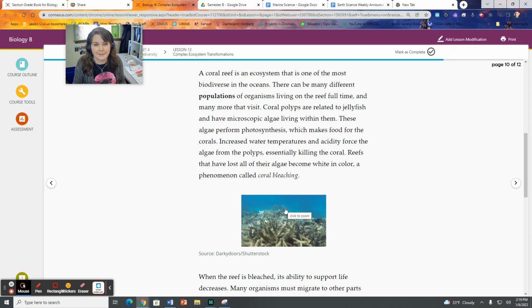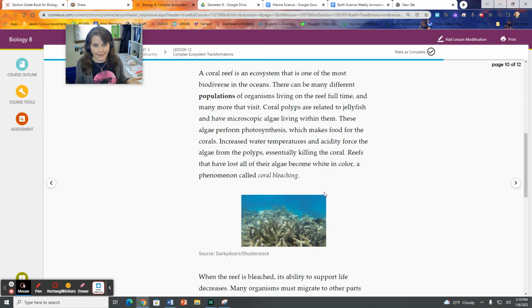Another small change that can happen is due to changes in temperature, right? If the sea surface temperature changes just a few degrees, that puts stress on ocean organisms that really rely upon a stable environment. One such are the algae that live inside the tissues of corals.